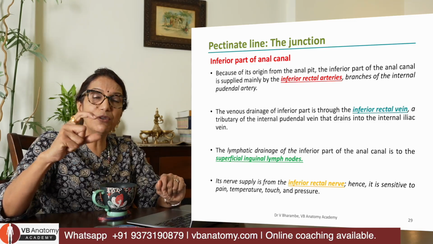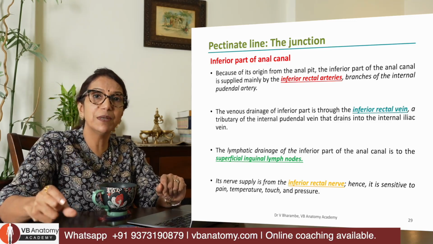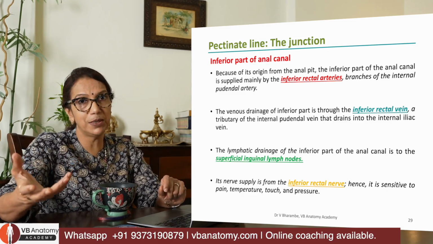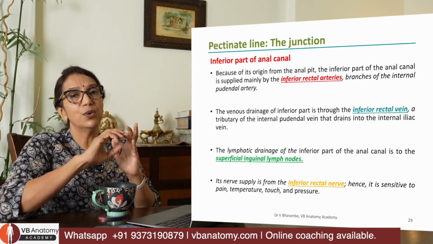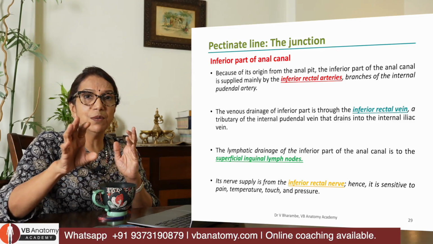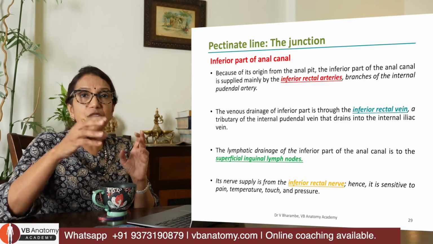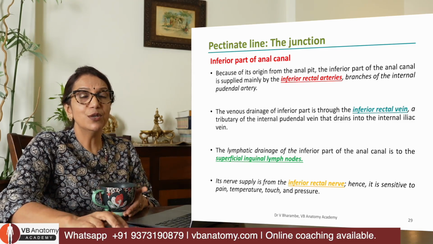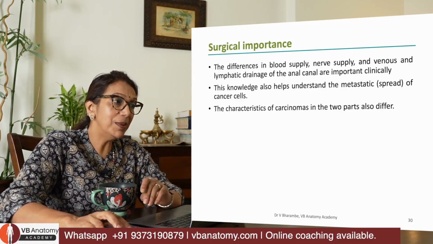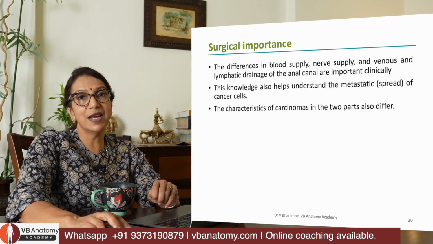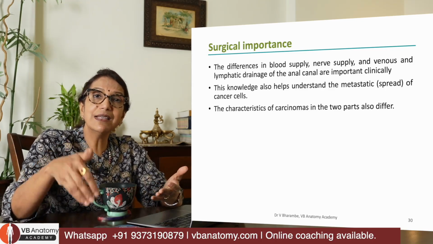So, outer part of the anal canal, when it is suffering from a pathology, the patient is going to have severe pain, it's going to have a very sensitive region to temperature, touch and pressure. Okay? So, this is how you differentiate. There is some more. Remember, the surgical importance is that where does the cancer metastasize?